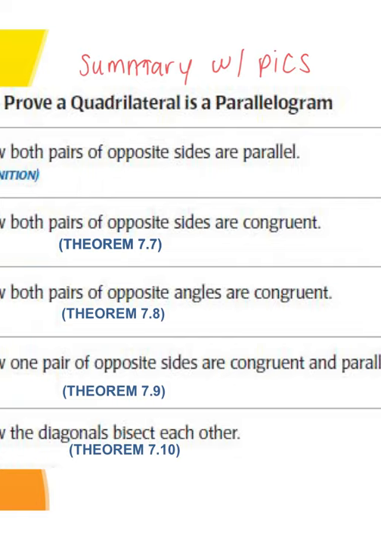Now, when you guys are doing your homework, please do not put the theorems, like 7.7, 7.8, 7.9, 7.10. I want the actual name of the theorem, okay? So opposite angles converse, opposite sides converse.